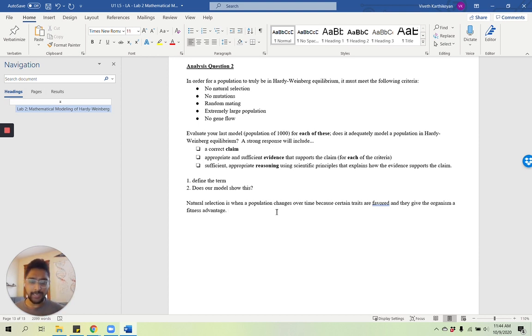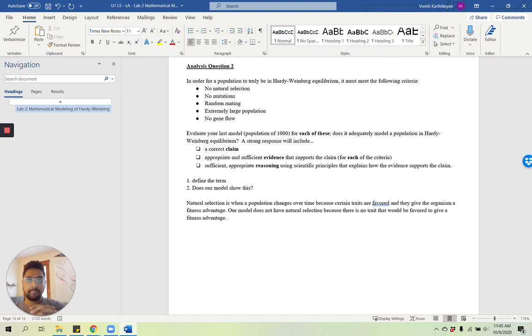That doesn't really appear in our population, the one that we simulated. There's no particular trait. So I could say our model does not have natural selection because there is no trait that would be favored to give a fitness advantage.